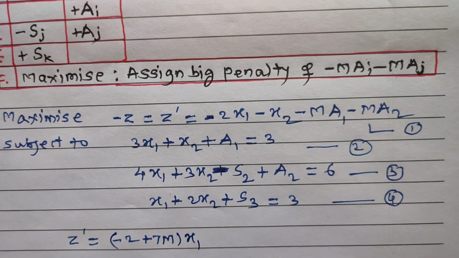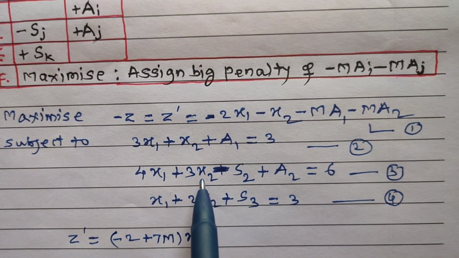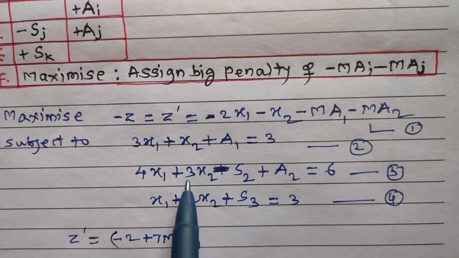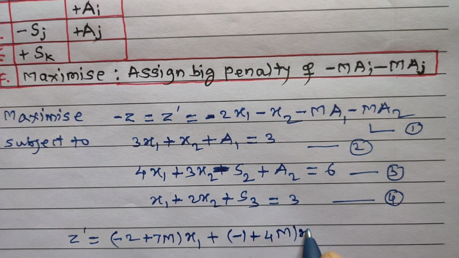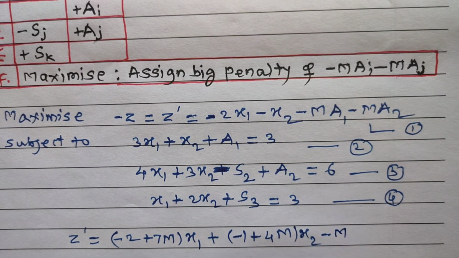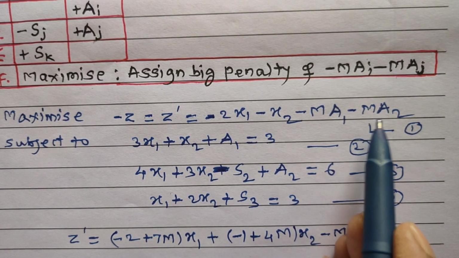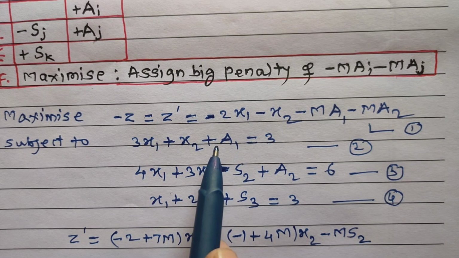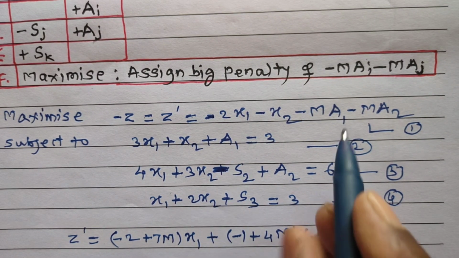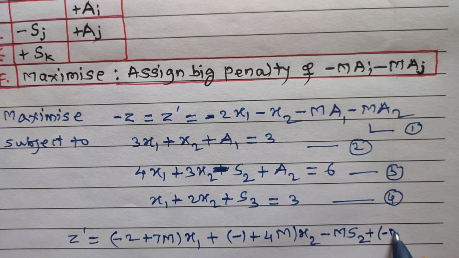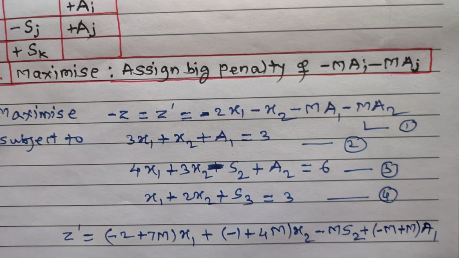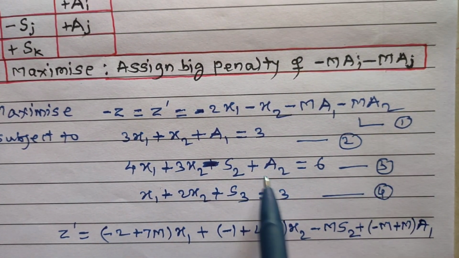7M x1. Then the coefficient of x2 is 1 and here the coefficient of x2 is 3, 1 times M plus 3 times M, that is 4M, and here the coefficient of x2 is minus 1, so we can write plus minus 1 plus 4M x2, okay, and then minus M s2, and then minus M a1 minus M a2, here multiplying a1 by M, a2 by M, so this can be written as plus minus M plus M times a1 and then minus M plus M a2.